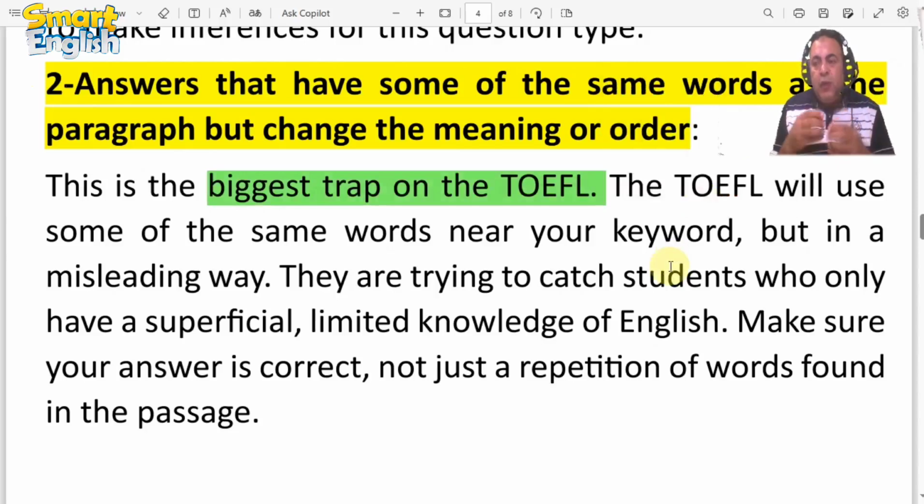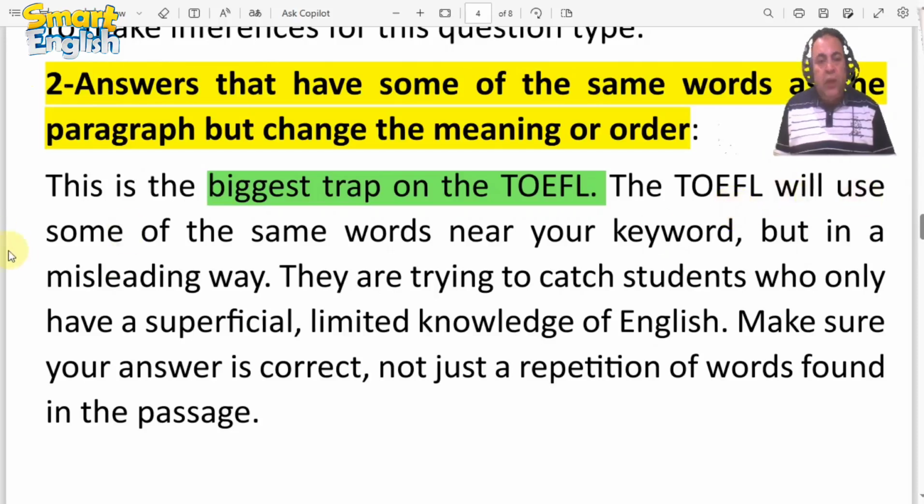The tester will provide you a choice. Among the four choices, you will face one that contains the same words directly. You will find choices that contain the same words as the paragraph, but with a different meaning from the main idea mentioned in the paragraph, and you have to pay attention to this kind of question.